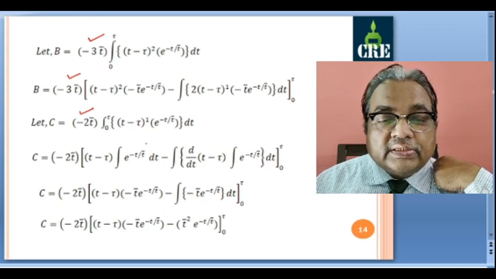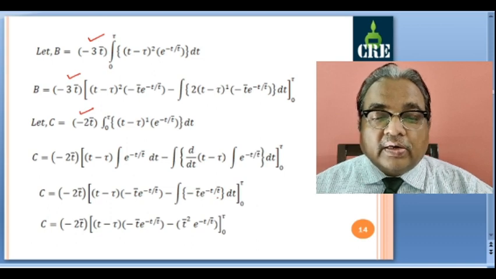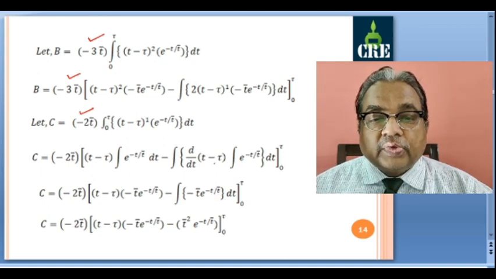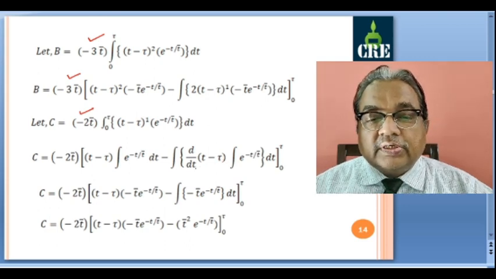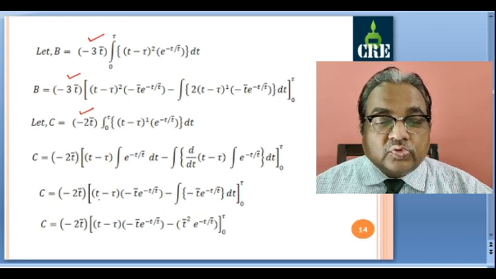So first function as it is, integration of second we know, minus t bar into e raised to minus t by t bar, minus integration of this: derivative of this is 1, into integration of this, minus t bar into e raised to minus t by t bar, this we know. Derivative of this function is 1, derivative of constant is 0, derivative of t by dt is 1. So this we have solved.